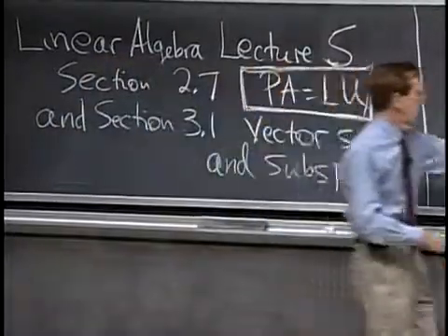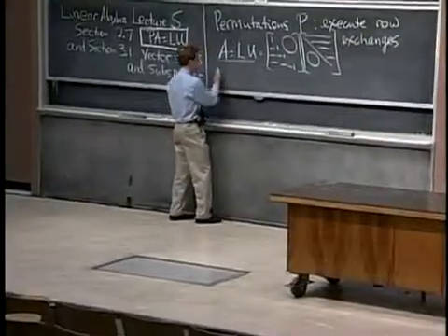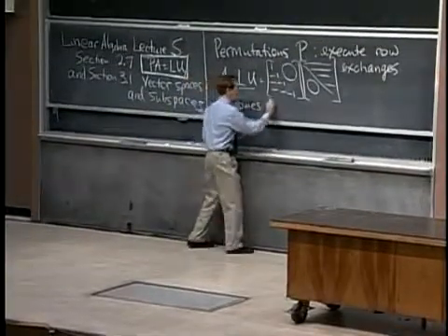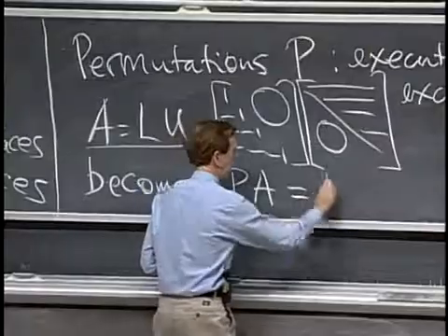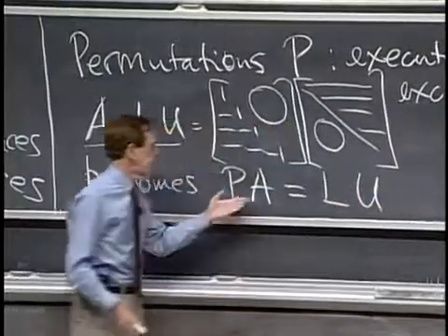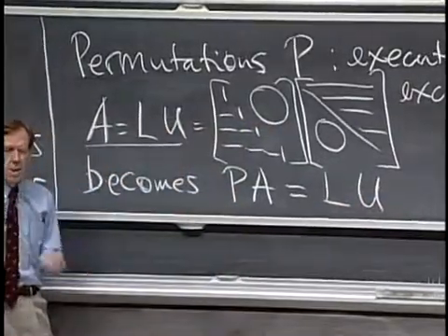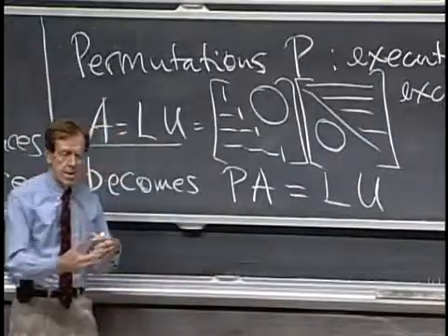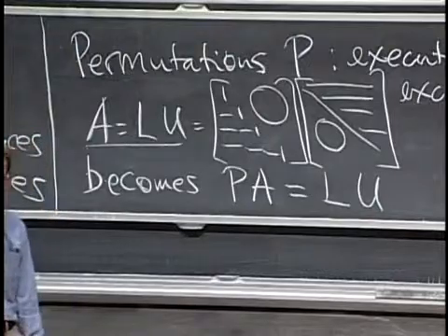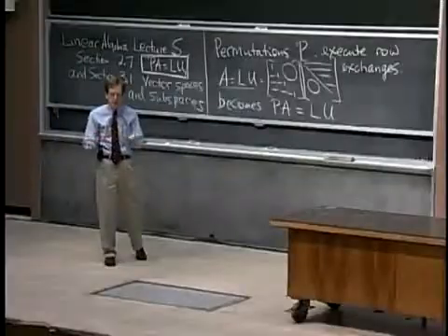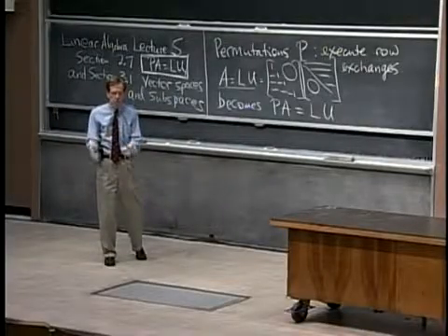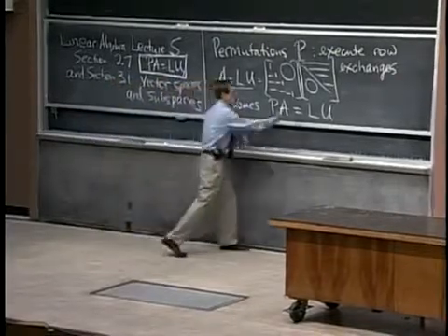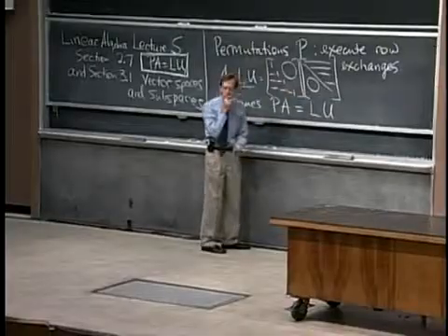So A = LU becomes PA = LU. So this P is the matrix that does the row exchanges. And actually, it gets the rows into the right order, into the good order where zeros won't appear in the pivot position, where L and U will come out right as up here.